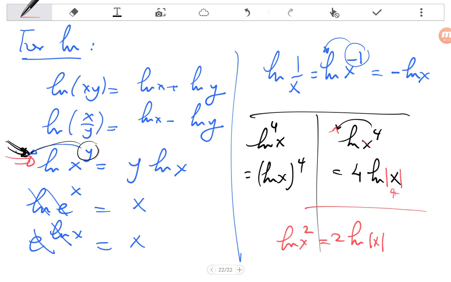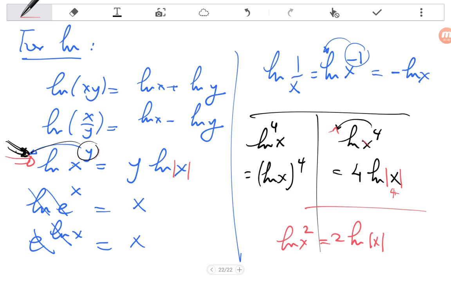Okay? So in general, we just may say that it is with an absolute value, whatever was the domain of the original function. Okay?